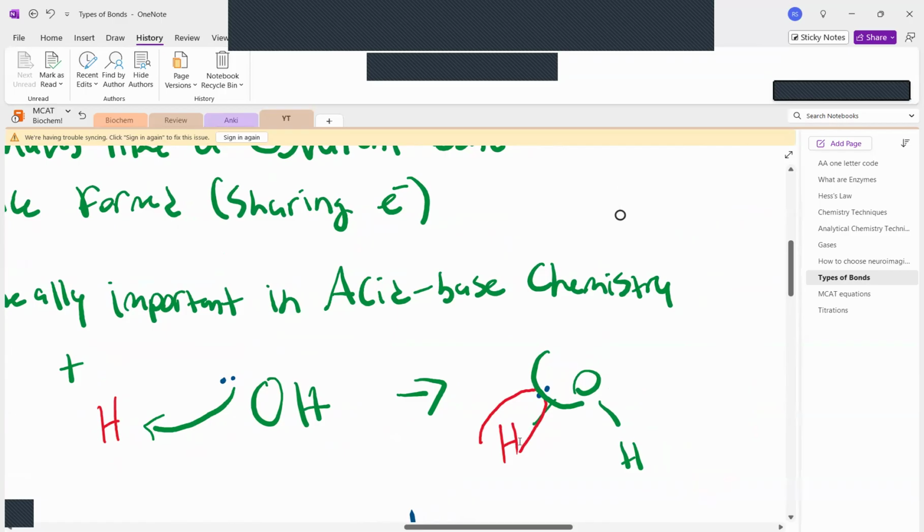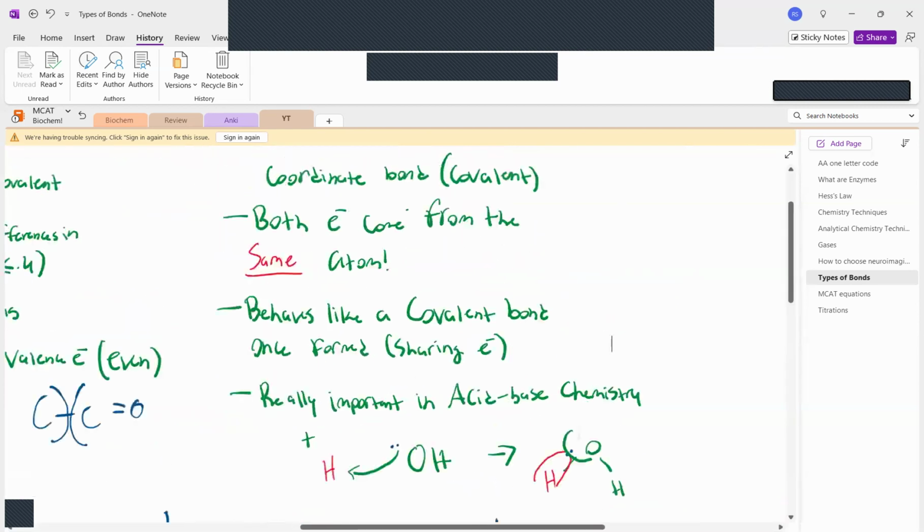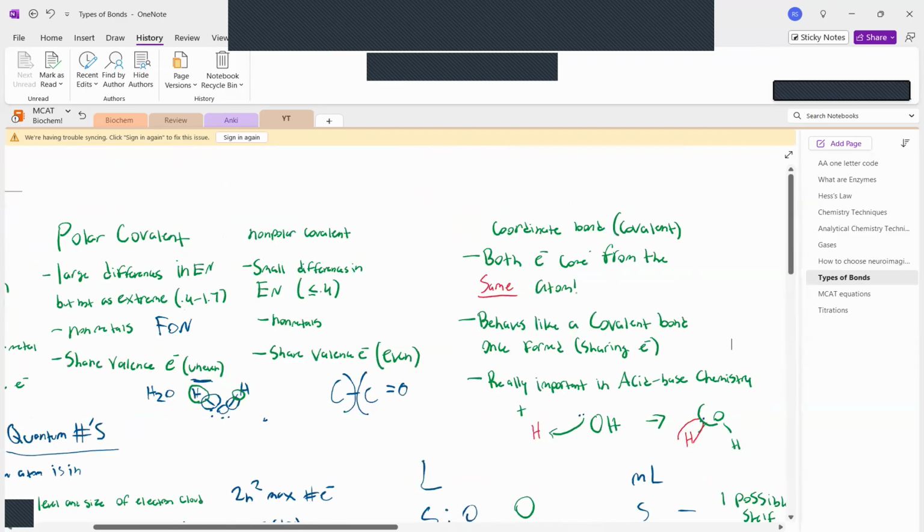And then here, it's going to be a covalent bond. They're still sharing. They're going to act like a normal covalent bond, like a normal water molecule bond, a polar covalent bond after the fact. So it's going to be that 90-10 split we were talking about. But just keep in mind that they're always going to be covalent.